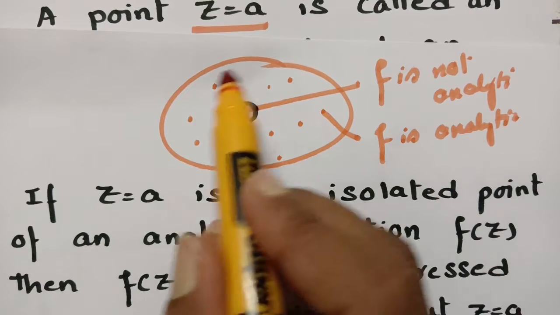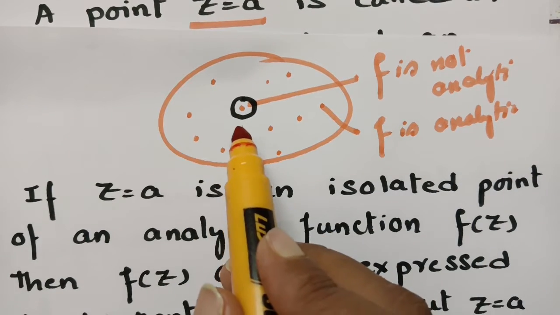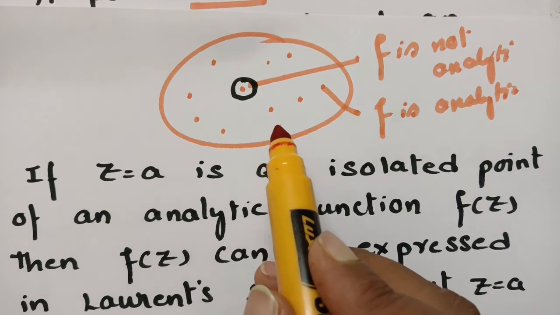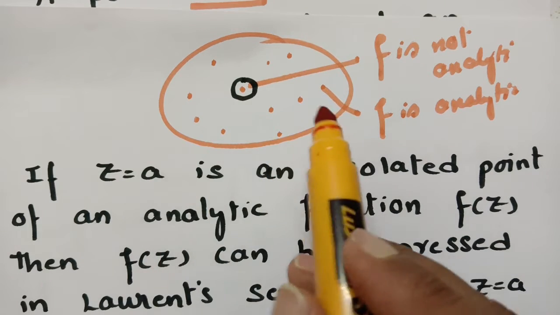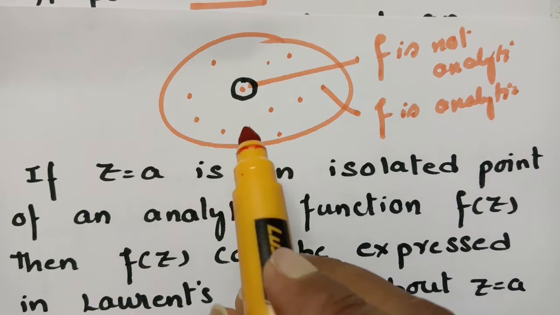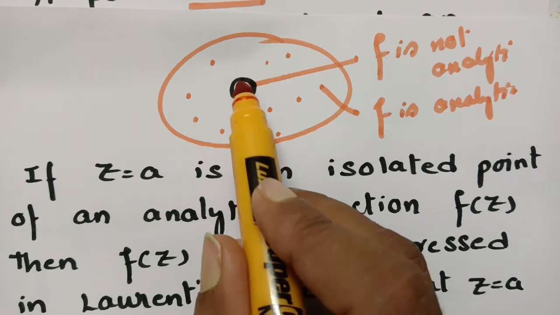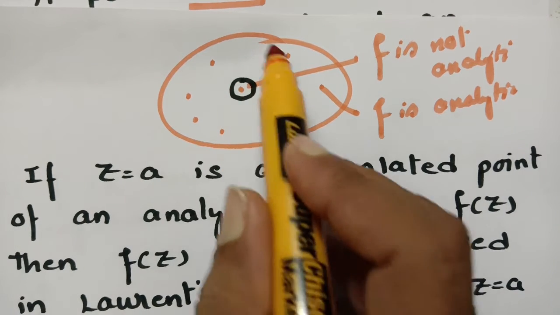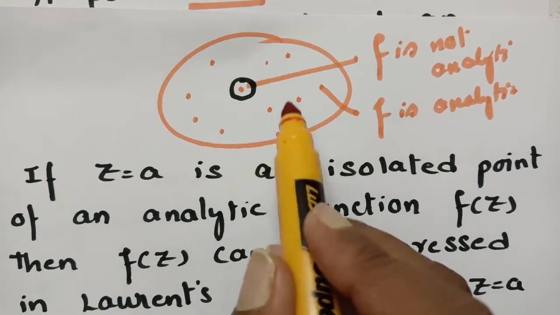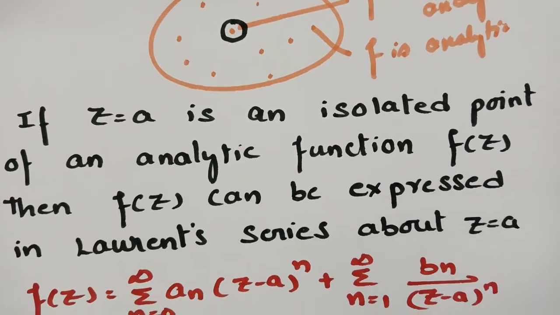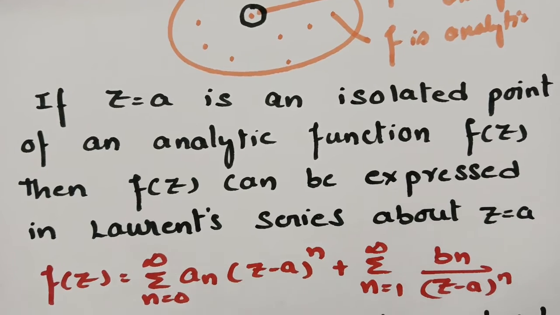Now if we want to define the function, we are going to use the Laurent series. For a Taylor series, we need the entire contour, so every point should be analytic. Here we have deleted this point, and the rest is like concentric circles, an annular ring, a ring-shaped structure. Therefore, I am going to use the Laurent series.